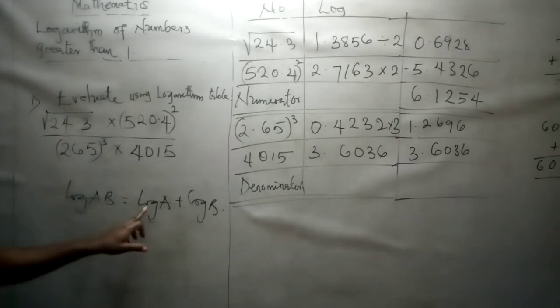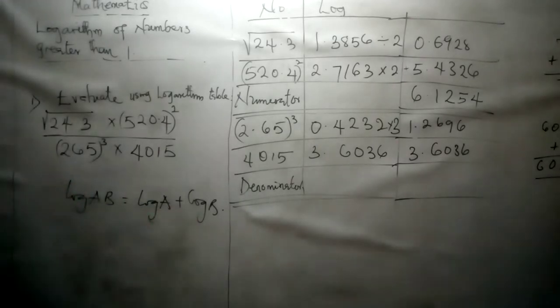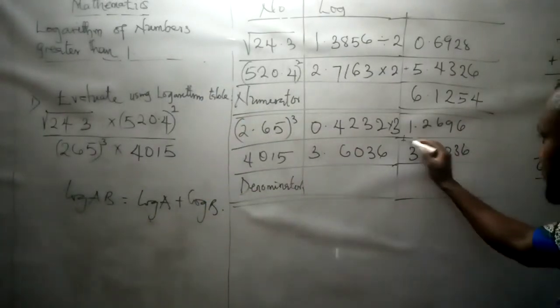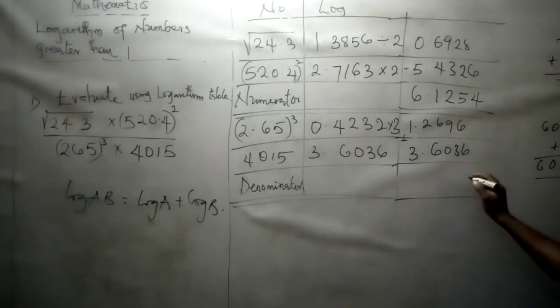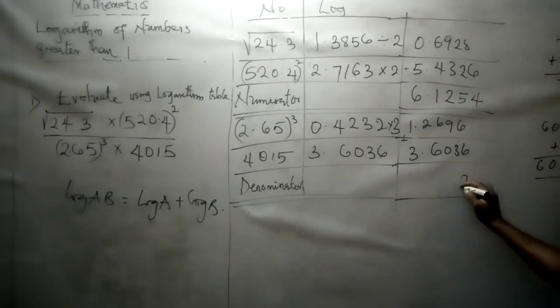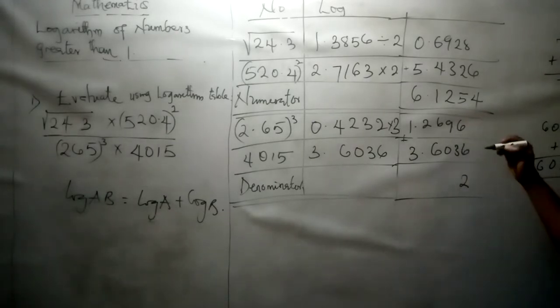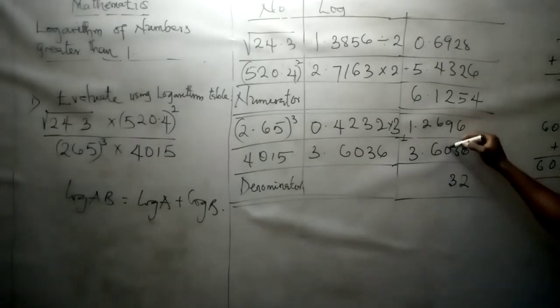Now because of that same multiplication, based on the rule I gave to you, logarithm of these products can as well be written as logarithm of first plus second, which means we are now going to add the logarithm of the numerator. So here now we have 6 plus 6 gives 12. We write 2, carry 1. 9 plus 3 gives 12. Plus 1, we have 13. We carry 1. 6 plus 0 is 6.